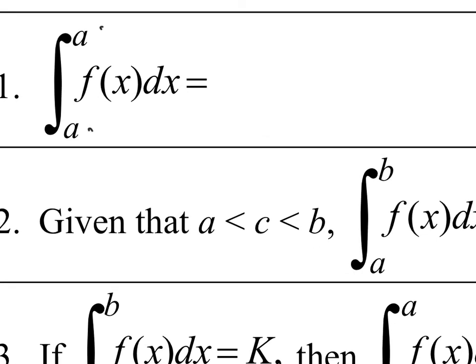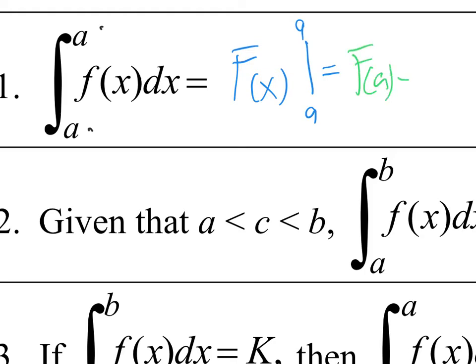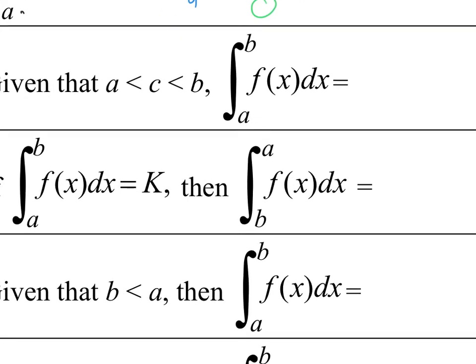The integral from A to A will be the antiderivative F of x from A to A, which will be equal to, plug in the top value, minus plug in the bottom value, 0. Boy, I was brain surgery there.